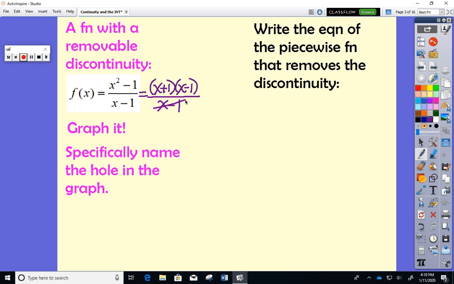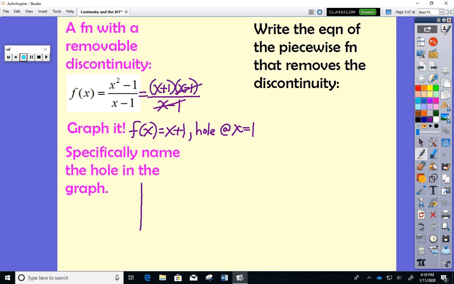So I quickly see that f of x is going to be x plus 1. And there's going to be a hole in the function at x equals positive 1 since the factor x minus 1 canceled out. Okay, so that's pretty darned easy to graph, isn't it? So let's see here.